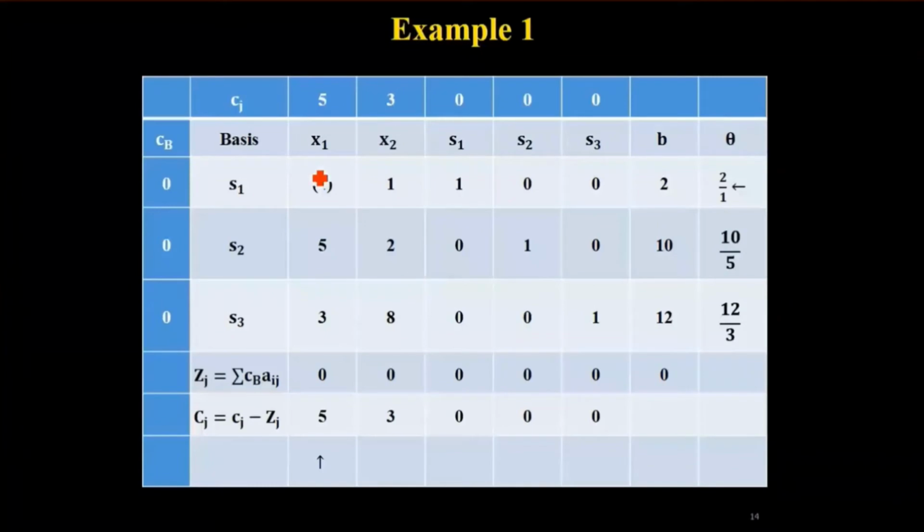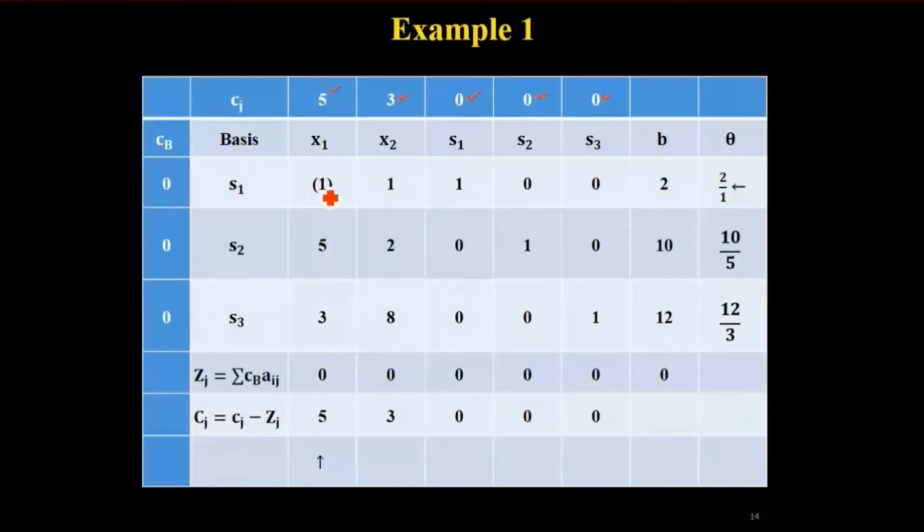Now you see the table: we have to write the first body matrix. In the body matrix we have x1, x2, s1, s2, s3 as the variables. For x1 the objective function contribution is 5, for x2 it is 3, and s1 is 0, s2 is 0, s3 is 0, okay, clear.